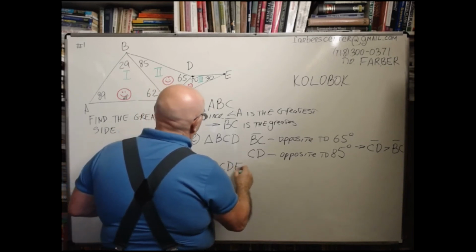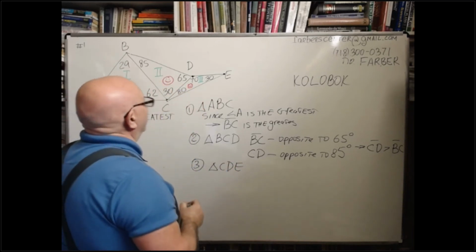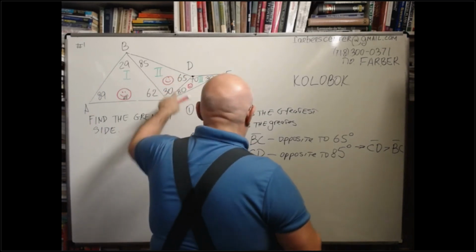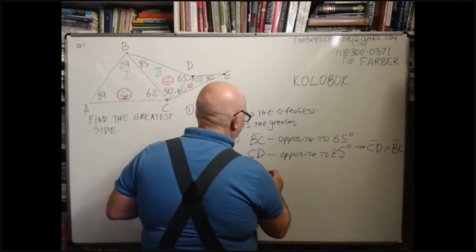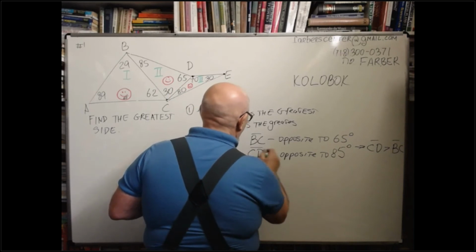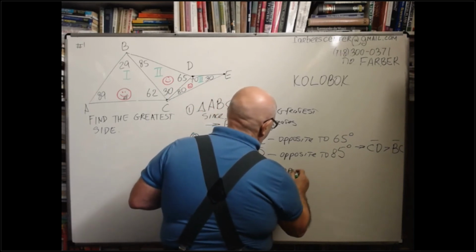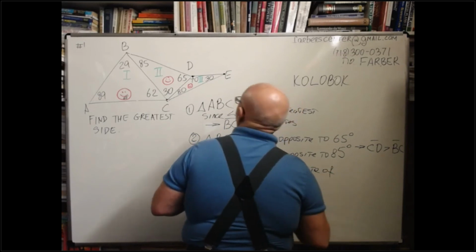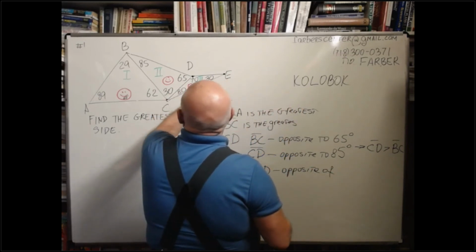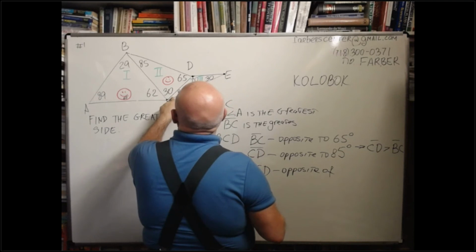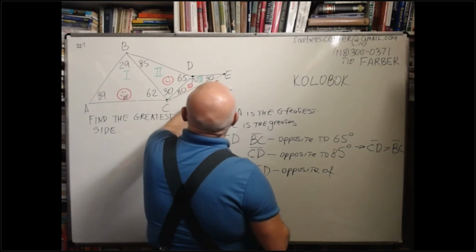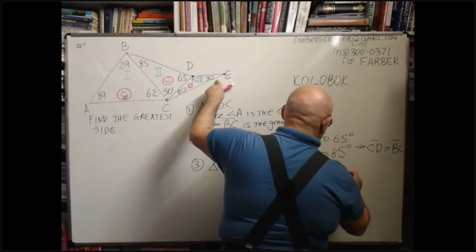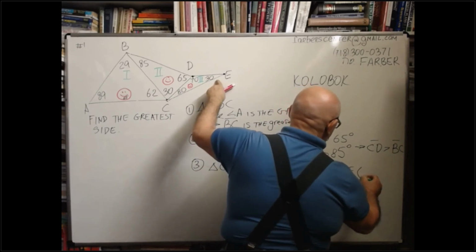And what we know, this side CD is, make notes, opposite of 30 degrees. You see, opposite of E, angle E of 30 degrees.